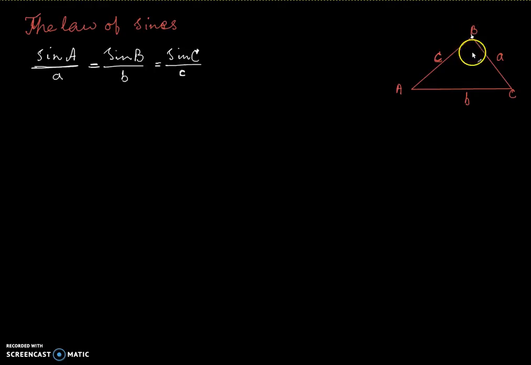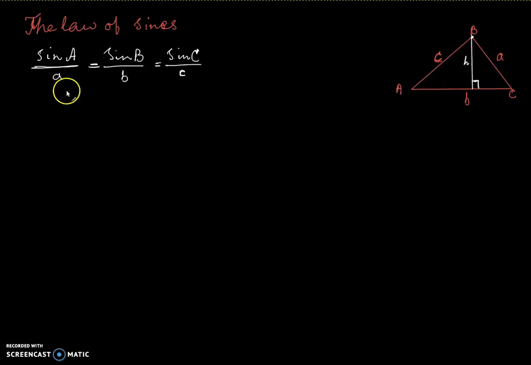You could basically, if I had a perpendicular to this side, and this is 90 degrees, and if I call this H, so this whole side is b, right? Now you could calculate sine A here.